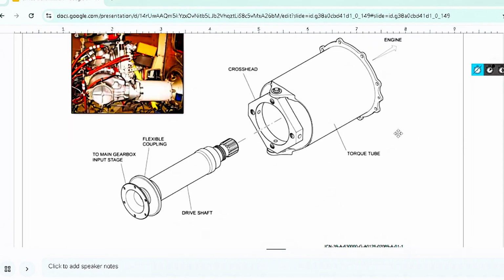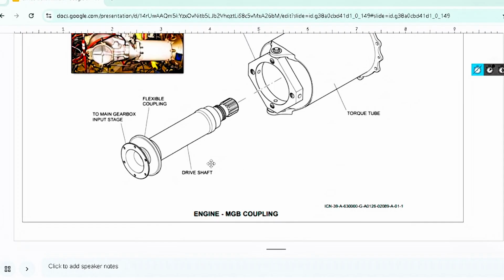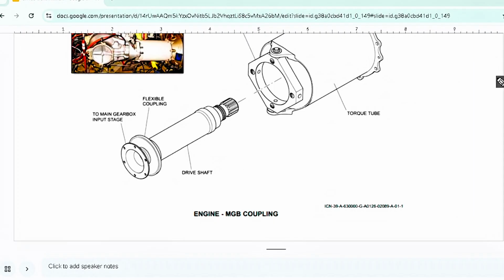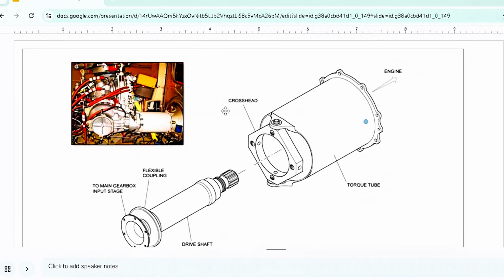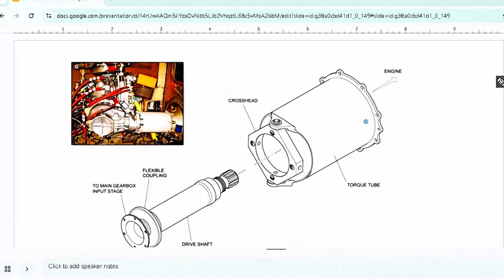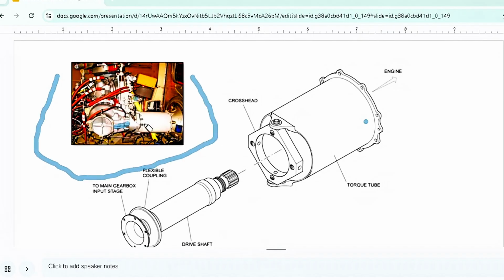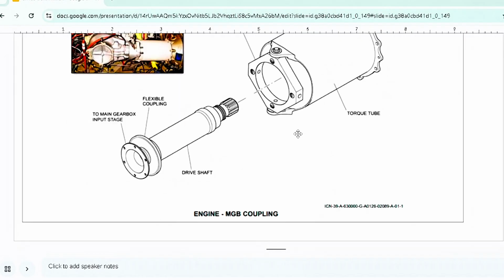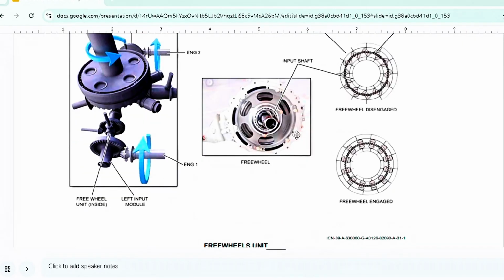Now, what is this? This is the MGB coupling. Okay, MGB coupling, drive shaft, flexible coupling, torque beam. Okay, and this is the practical image of the system. Here, this is the coupling. Okay, now what is this?